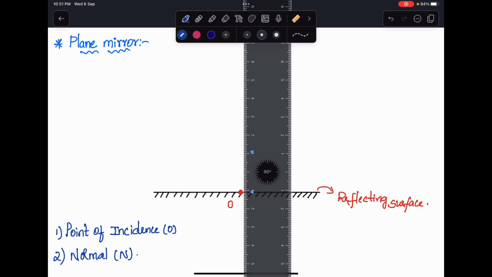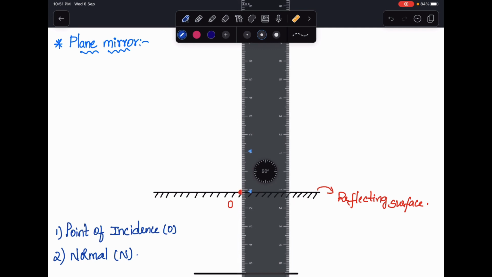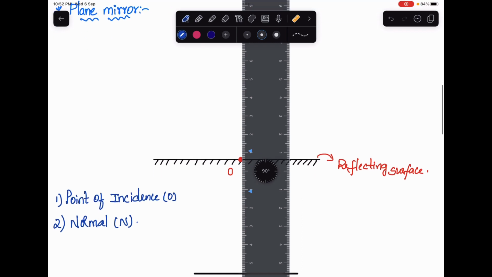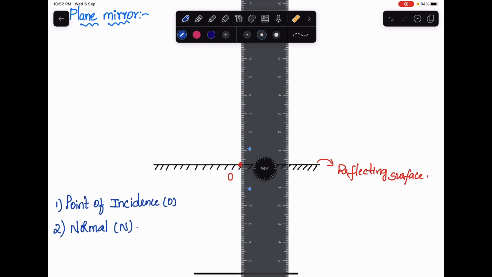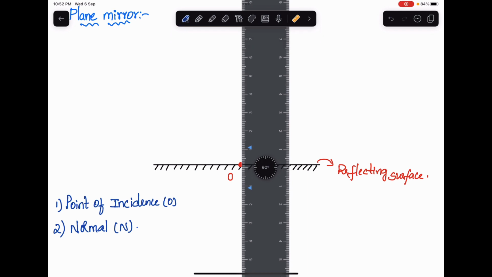I am going to draw a perpendicular line at the point of incidence, perpendicular to the mirror or reflecting surface.